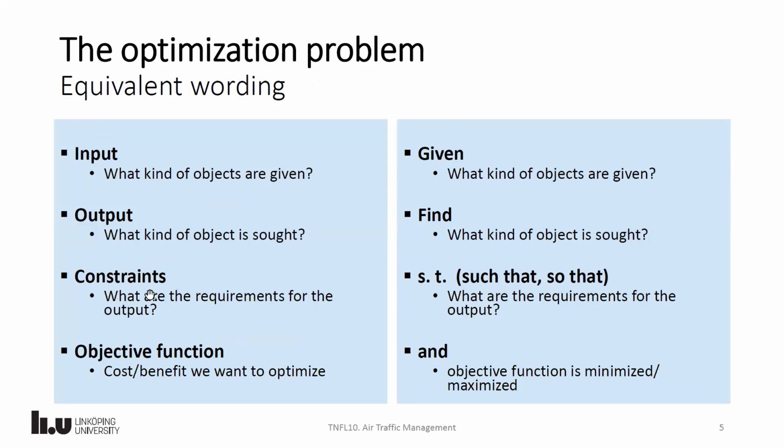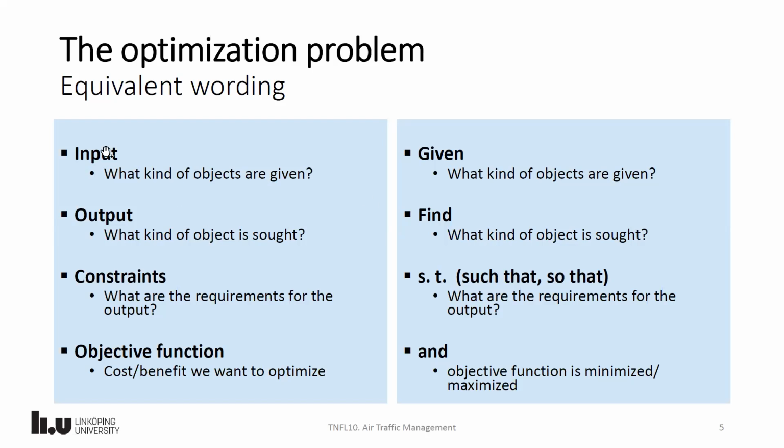The constraints that are the requirements for the output, and what about variables and parameters? Okay, so this is a kind of nomenclature that we are using in this class, but variables or parameters are perfect as well to describe the inputs and constraints.